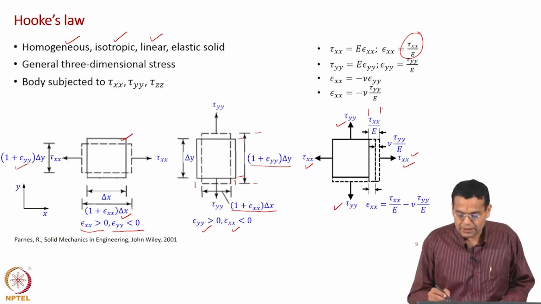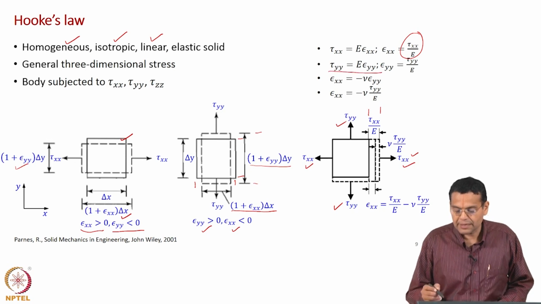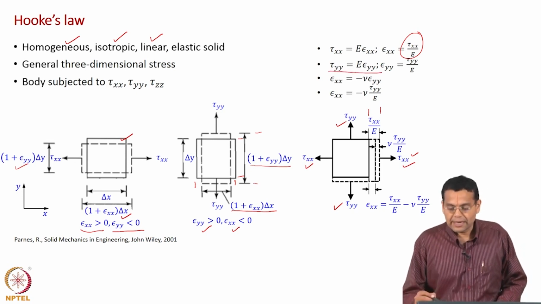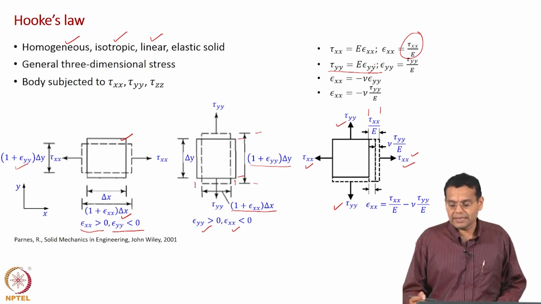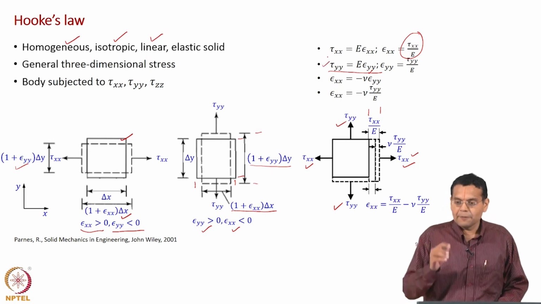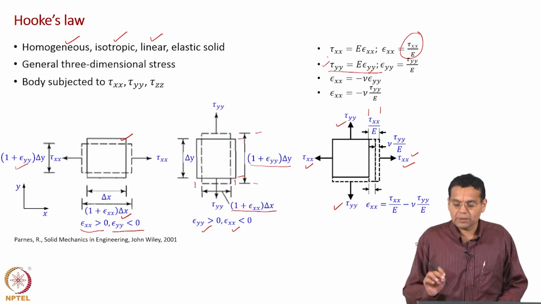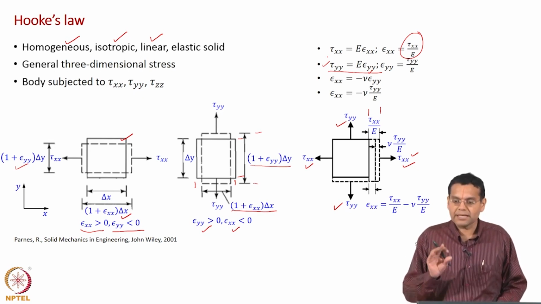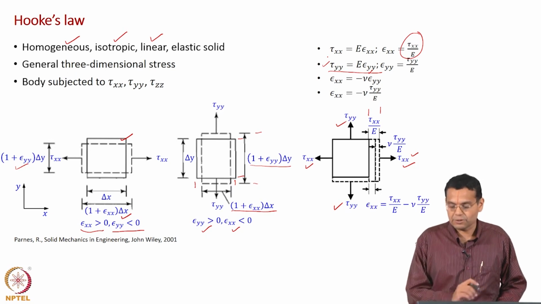For the normal stress along y direction, the relationship connecting tau yy and epsilon yy is given by this equation, just like we had seen earlier for x direction. This relationship relates normal stress along y direction to normal strain along y direction by the Young's modulus. Remember, once again we have taken the same Young's modulus independent of direction because it is isotropic.